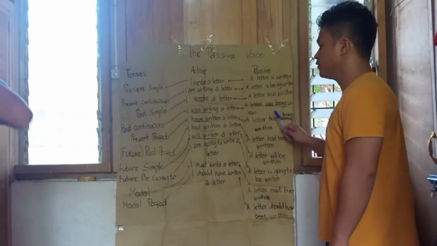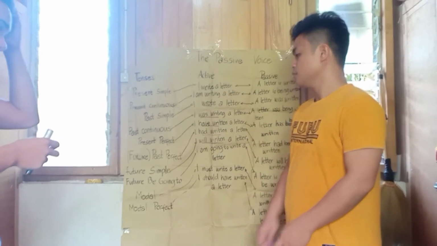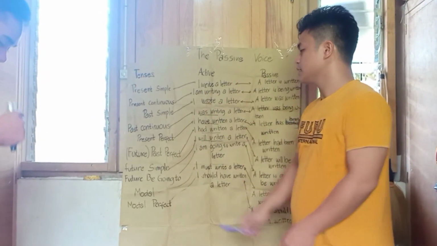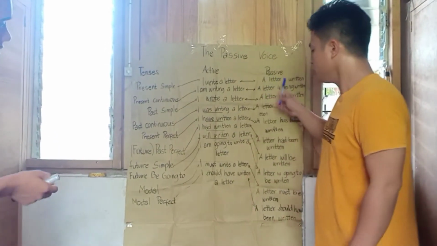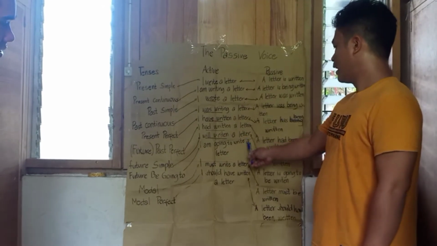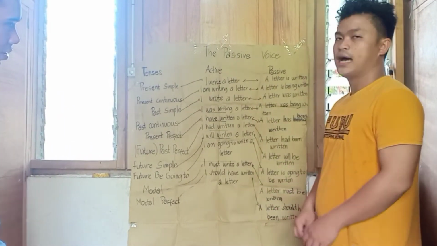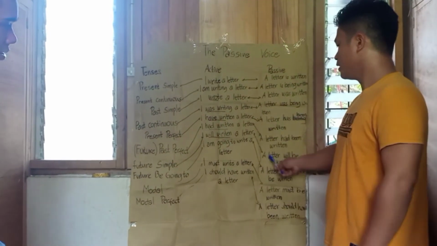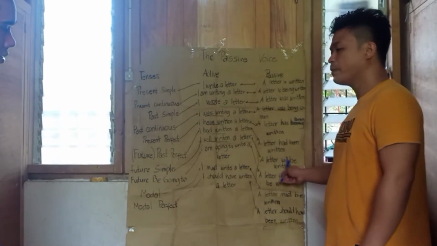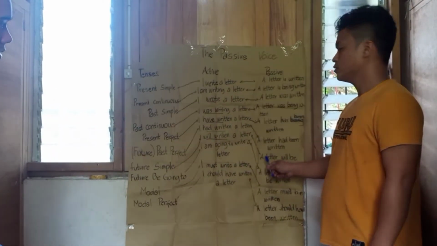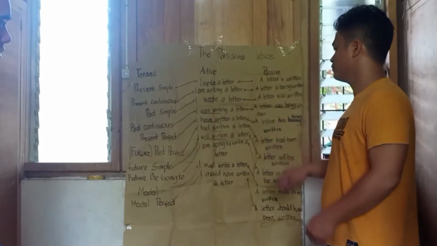In the passive voice of the future simple, we transpose the active voice, I will write a letter. In the passive voice, a letter will be written. The object there is a letter, and then plus the action, will be written. That is how to transpose the active voice into the passive voice.